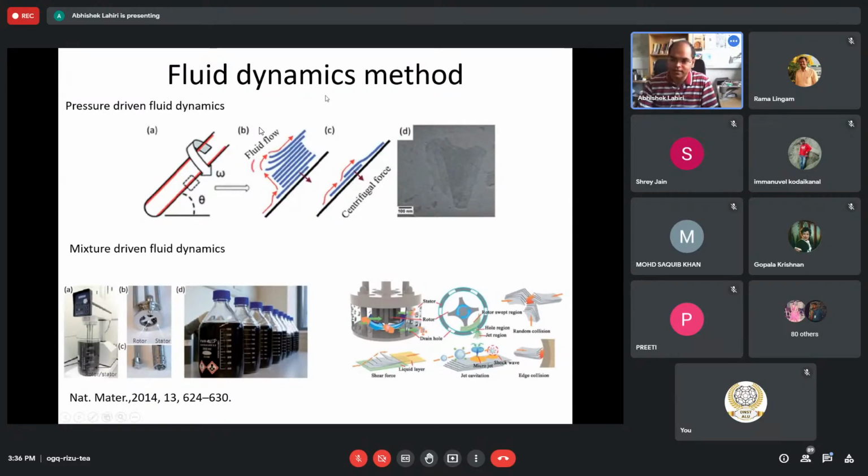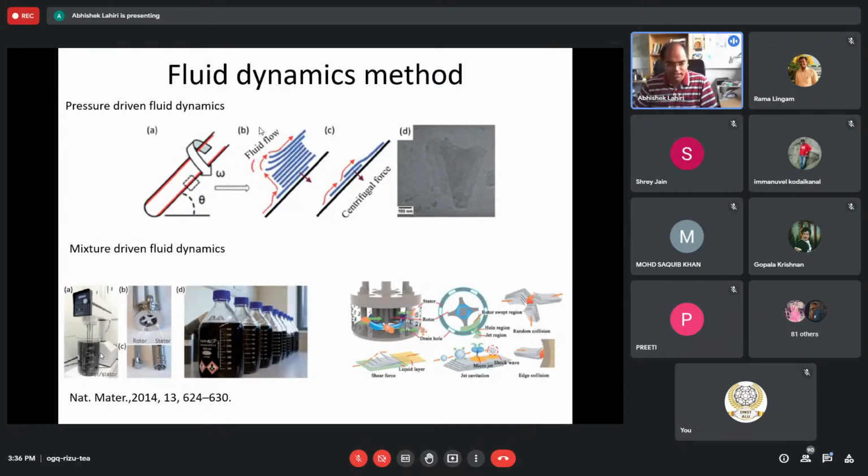So what they did, instead of using this schematic diagram, they used a rotor in which they filled the graphite flakes. They filled the graphite flakes in a rotor and simply rotated it in a solvent. It was not water, it was different solvents.